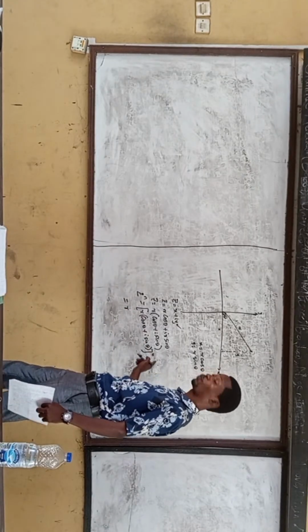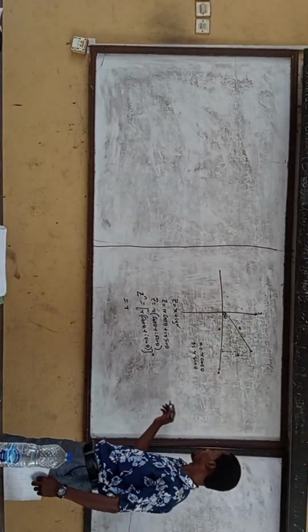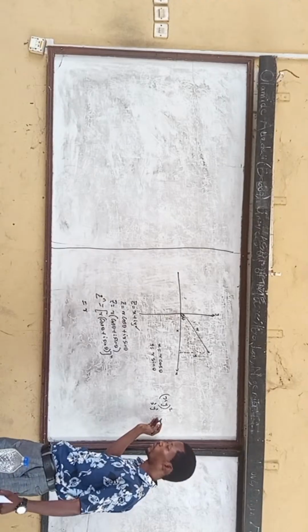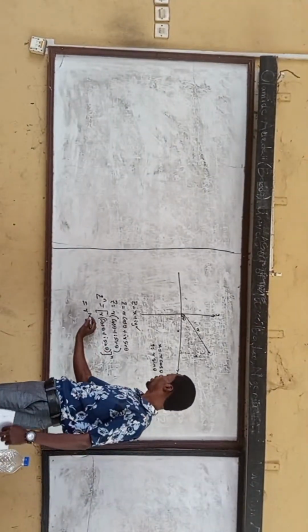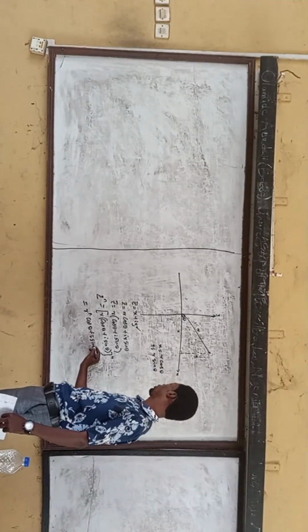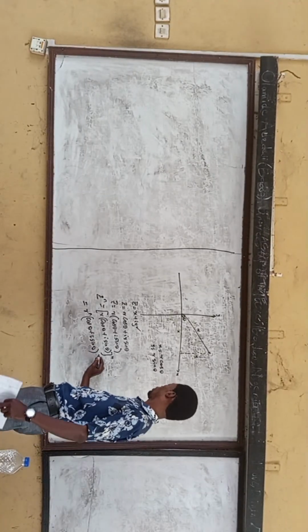You have R to the power n. I hope you understand that. If you have xy to the power, say 2, this means x squared y squared. So it means you have R^n, then cos theta plus i sin theta to the power n.